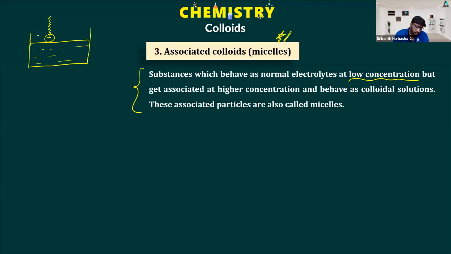Whenever you add soap solution to water, the stearate ions will be arranged on the surface in such a way that the hydrophilic part lies on the surface and the hydrophobic long chain lies away. When you add more soap, there are no surface points available, so the extra soap cannot be occupied on the surface and is forced to come into the solution.